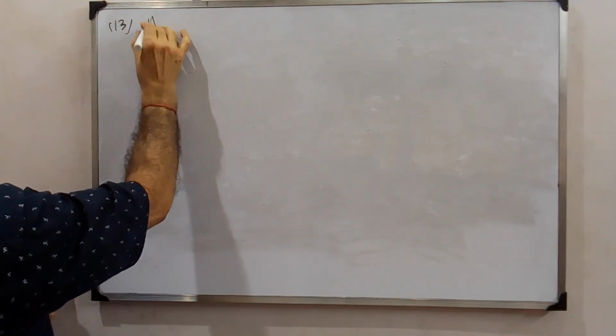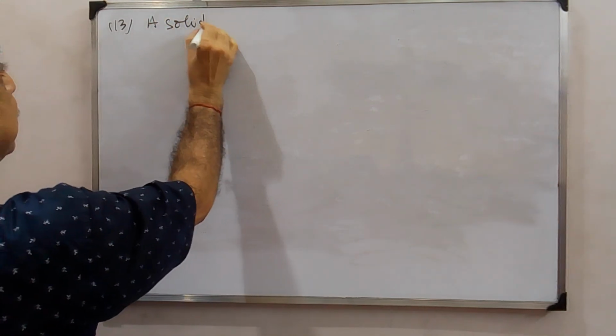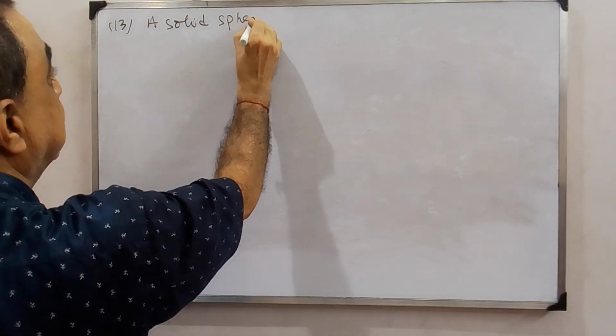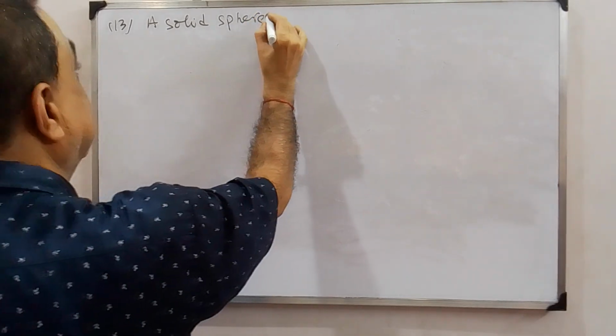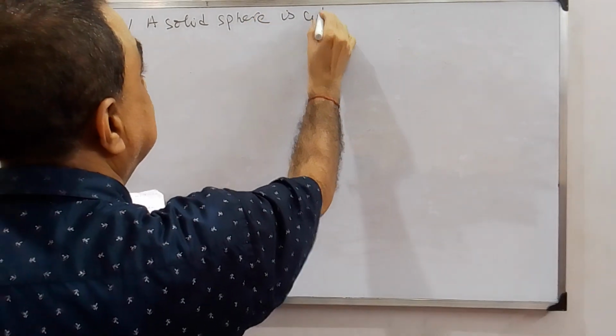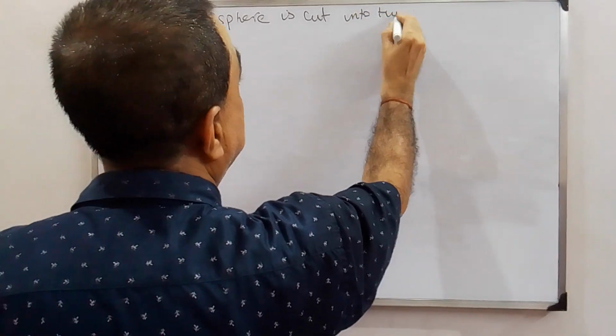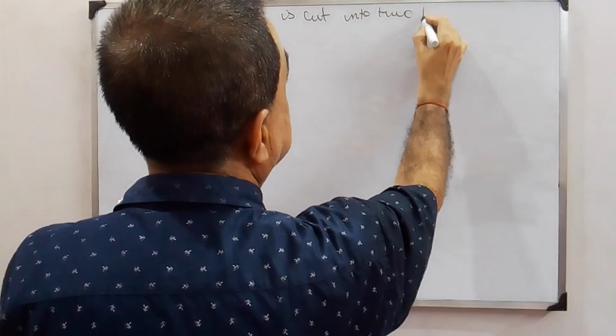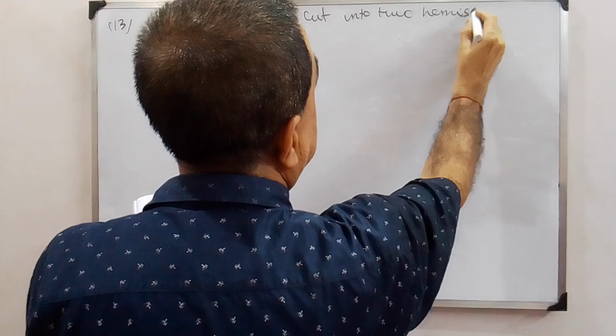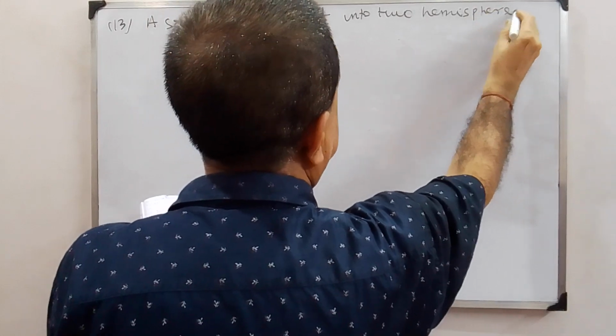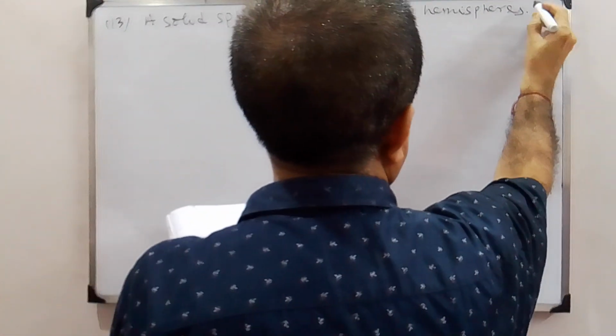Here the question is saying: a solid sphere is cut into two hemispheres.